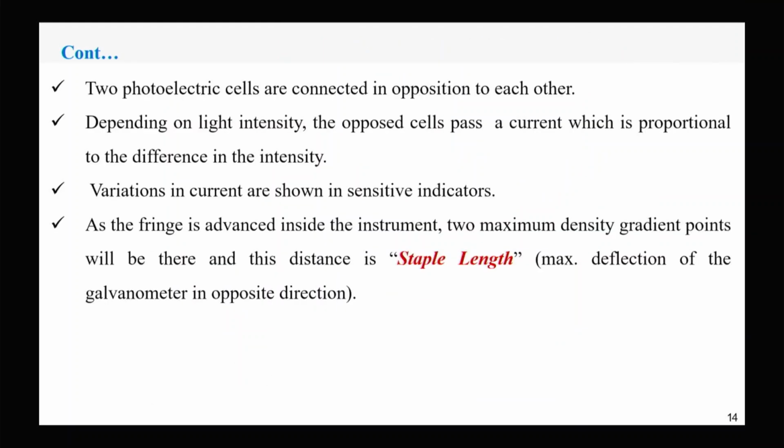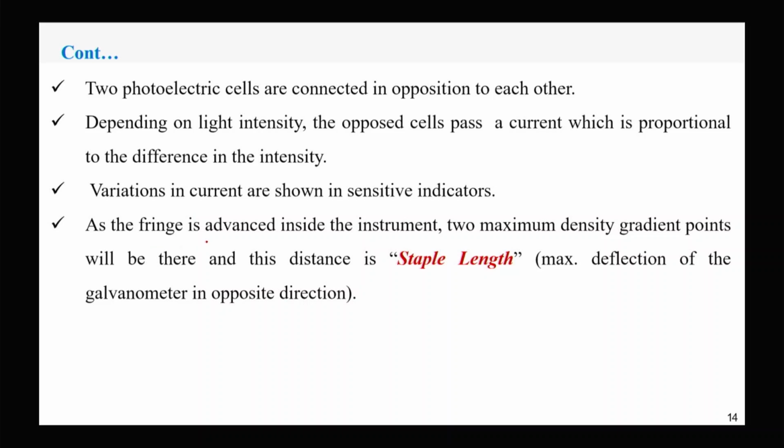So these are explained here. 2 photoelectric cells are connected in opposite to each other. Depending on the light intensity, the opposite cells pass a current which is proportional to the difference in intensity. The variation in current is shown by the sensitive indicator.